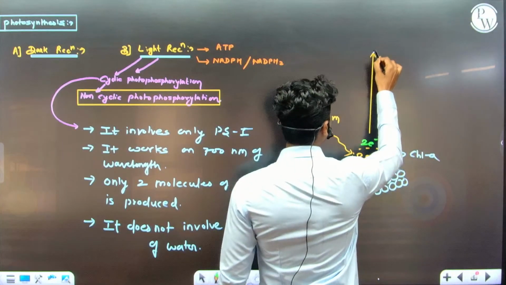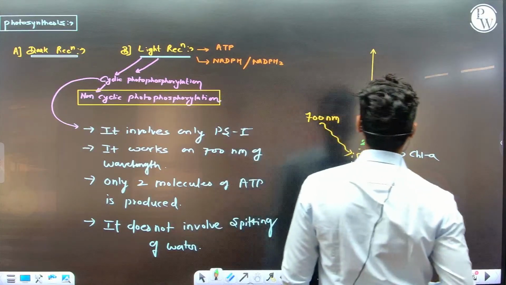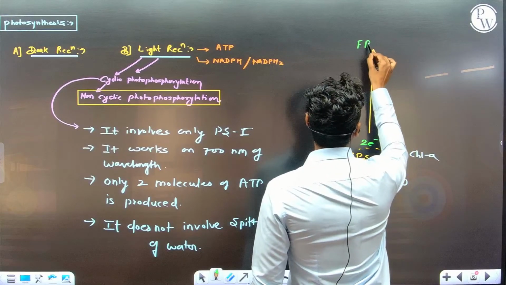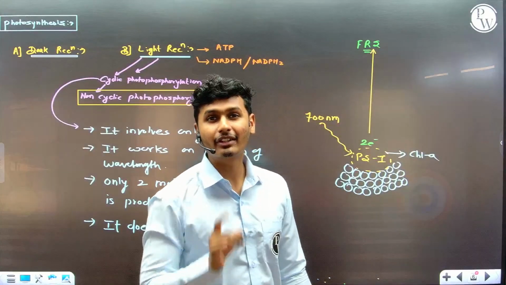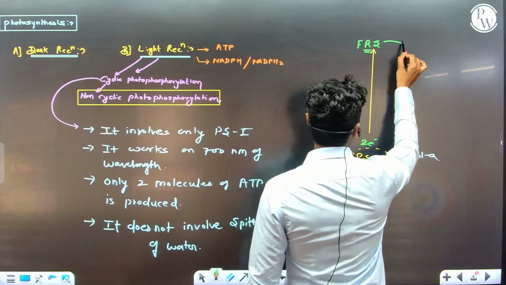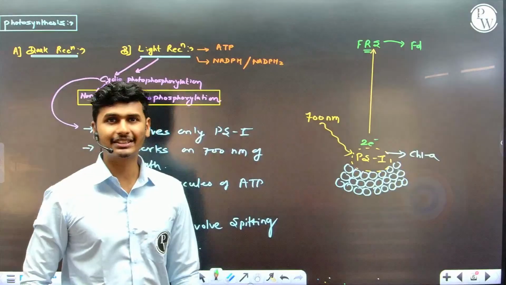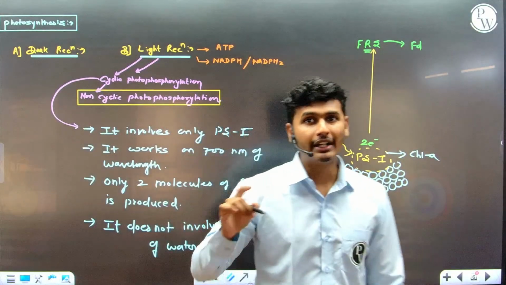which is the primary electron acceptor in case of PS1? It is FRS, and FRS stands for ferredoxin reducing substance. Ferredoxin reducing substance passes this to the FD. You know that. Now there is a reverse process. This FD is not going to pass this electron to NADP.